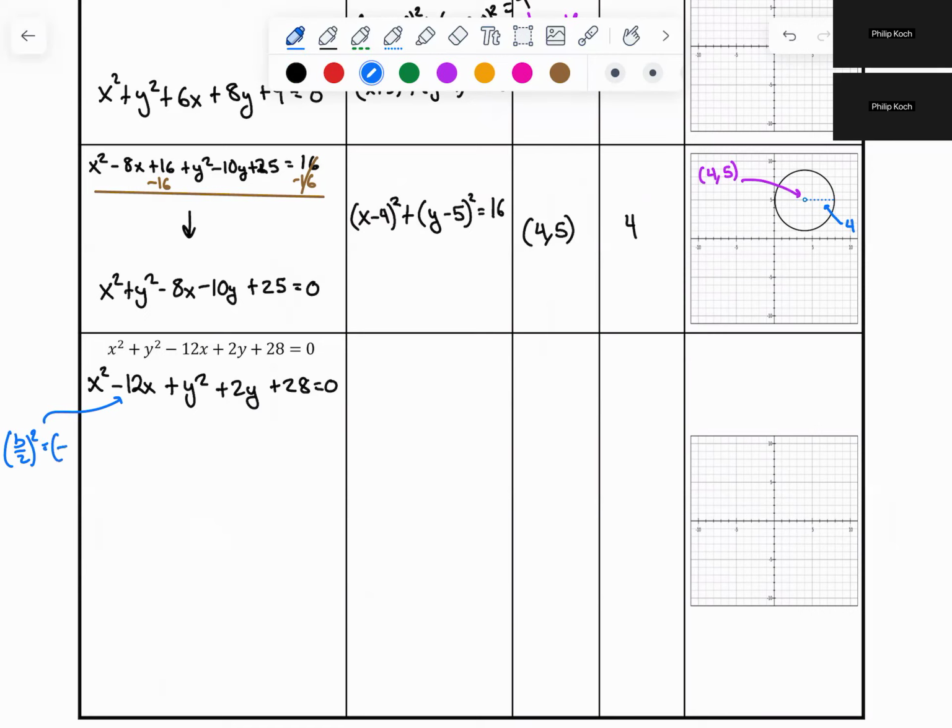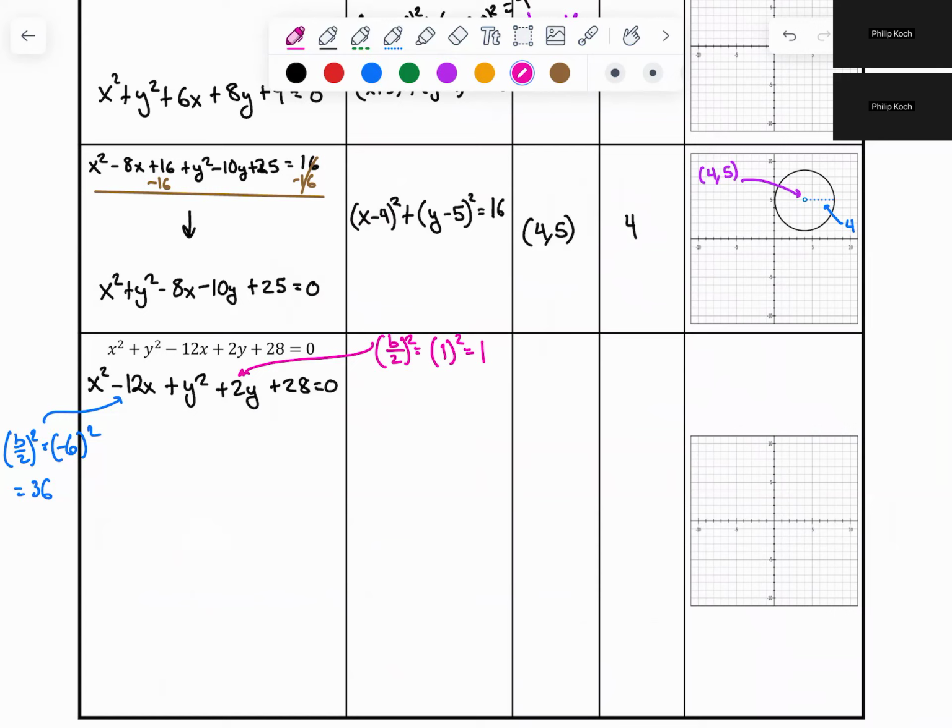So I'm going to write that down, -6 squared, which is going to equal 36. And then over here for the b term of the y value, that's 2. So b over 2 quantity squared here would be 2 over 2, which is 1 squared, which is just 1. Any questions so far?